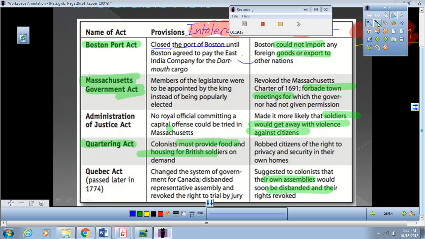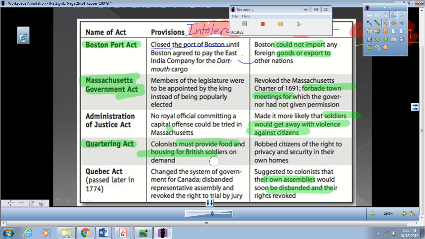One of the most intolerable of the Intolerable Acts was the Quartering Act, which basically put British soldiers into people's homes for them to provide food and shelter for. So they lived with people like roommates.